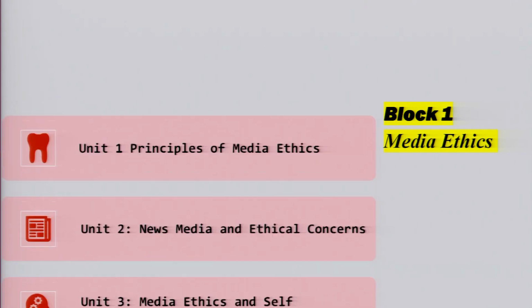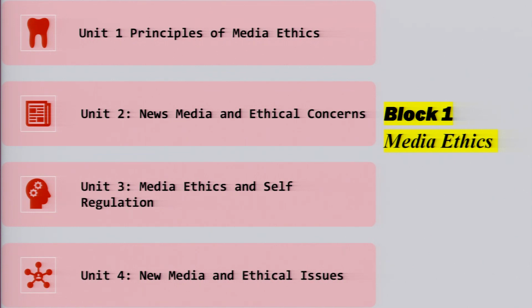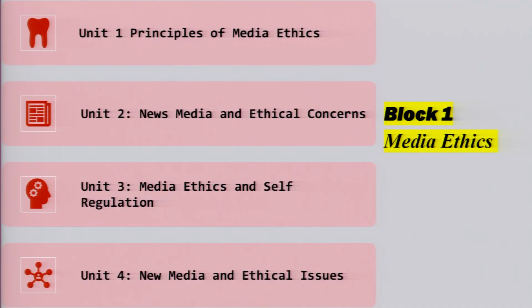So with this, let me take you through the blocks. Block 1 deals with media ethics. This is the first block of the course MGM 025, which is media ethics and laws. This block is divided into 4 units which deal with the concepts and principles of media ethics that are necessary for your understanding of this very important subject. Unit 1 deals with principles of media ethics.